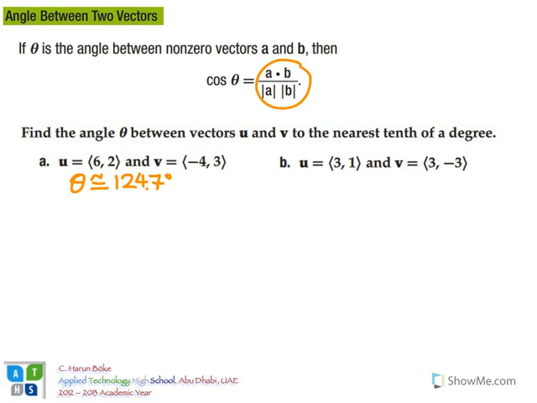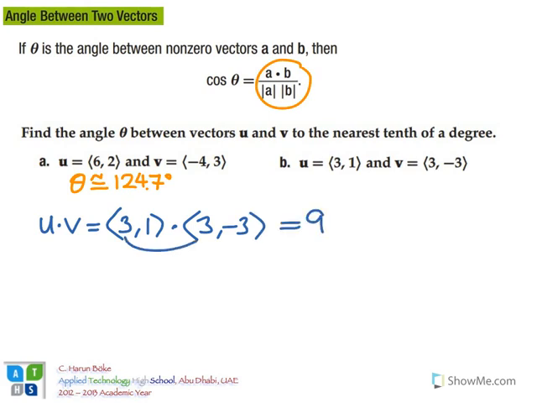So, first we are going to calculate u dot v, which is, let's substitute the vectors, <3, 1> dot <3, -3>. So we have 3 times 3 to be 9, plus 1 times -3 to be -3. So it will be 9 minus 3, which is 6.